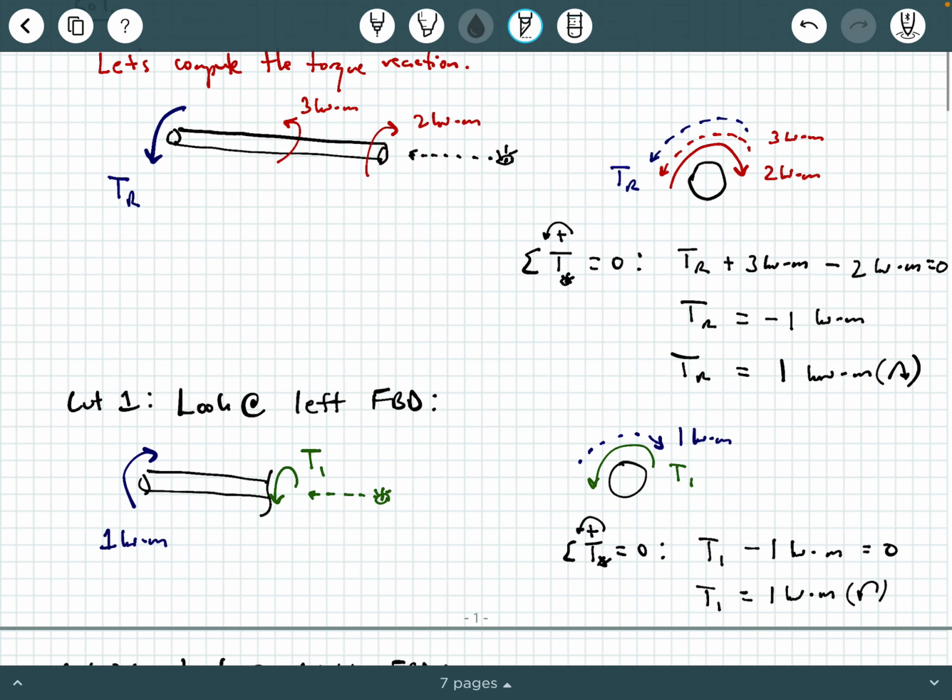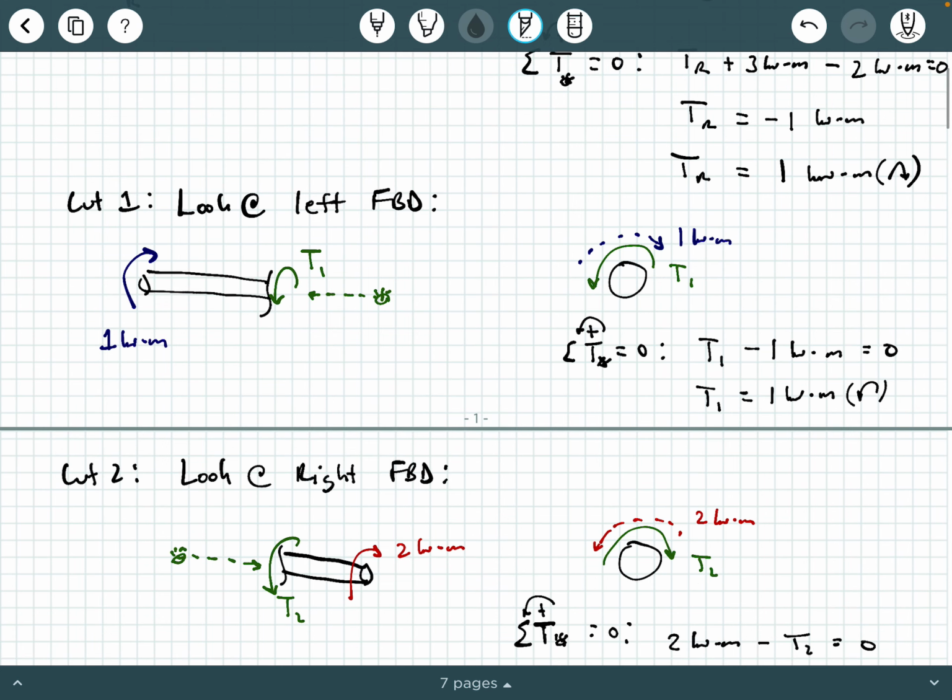So the essence of this 3 kilonewton meters is there. It's in the process. Even though when we did method of sections, we kind of bypassed it, right? We made a cut here and looked at a left free body, and then we made a cut in between the 3 and the 2 kilonewton meters, and we looked at a right free body, okay?